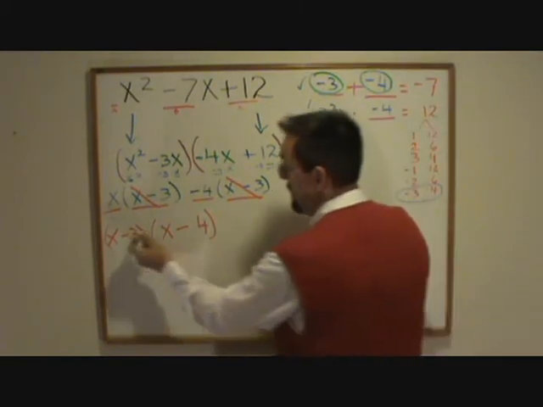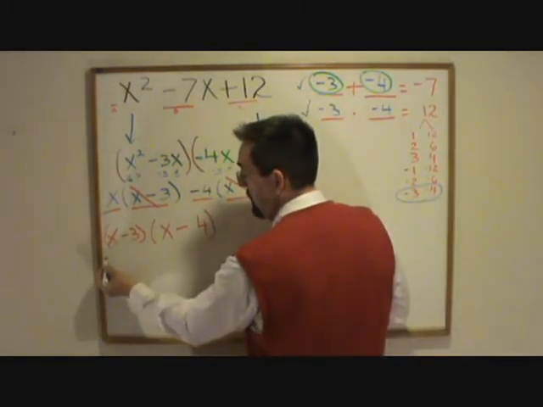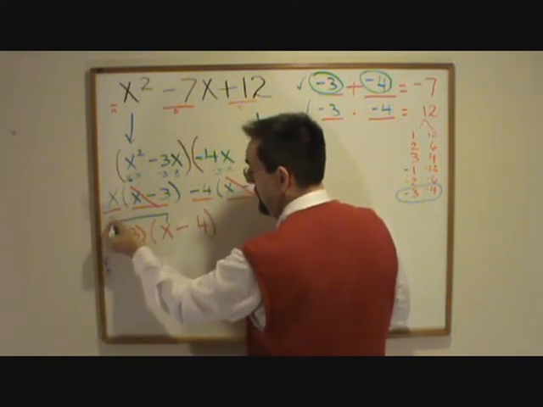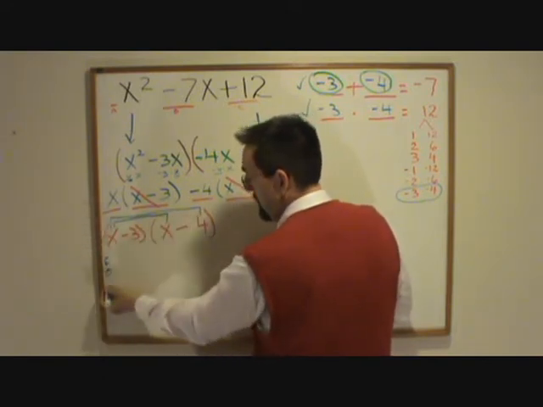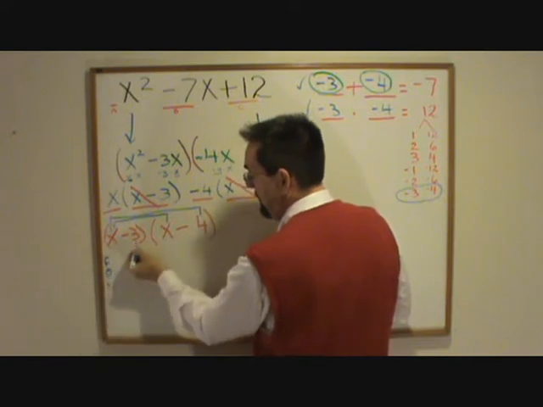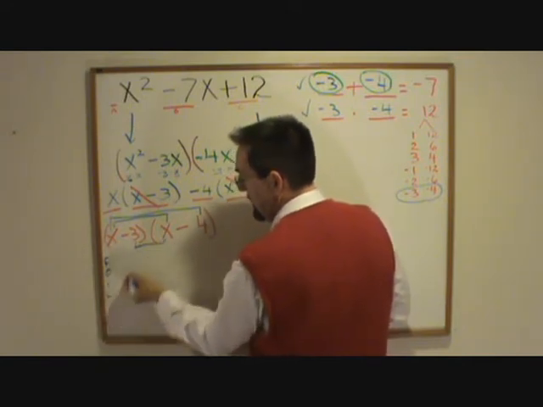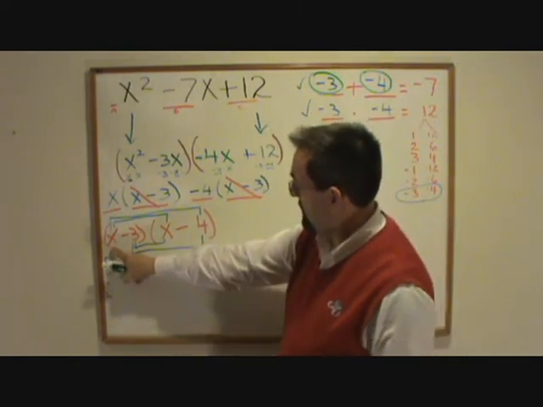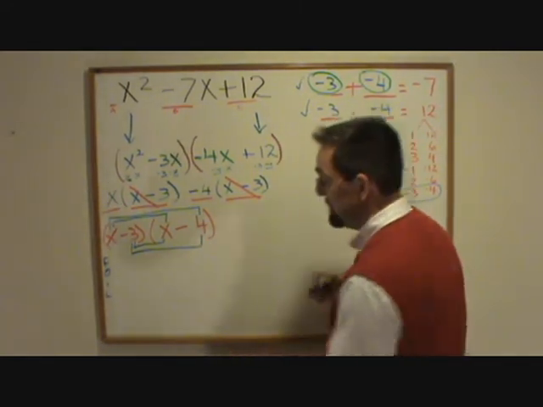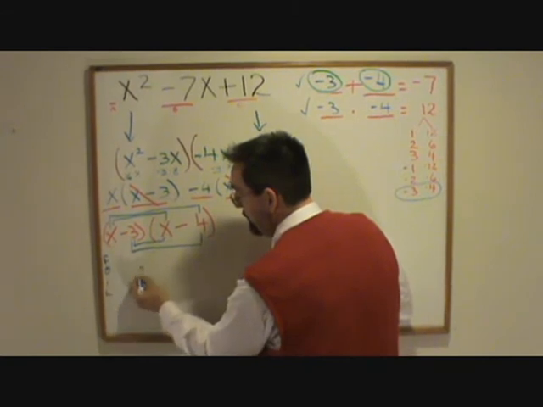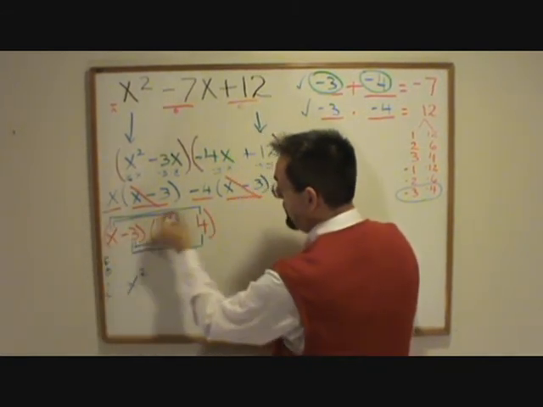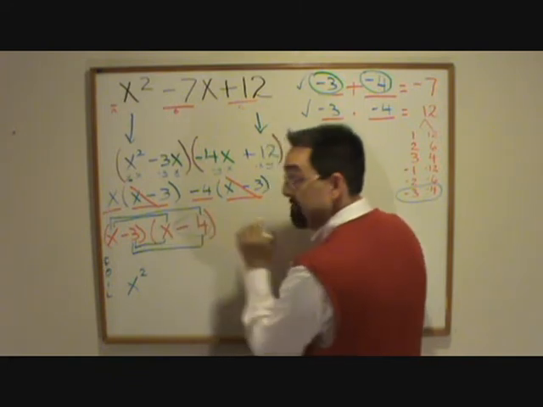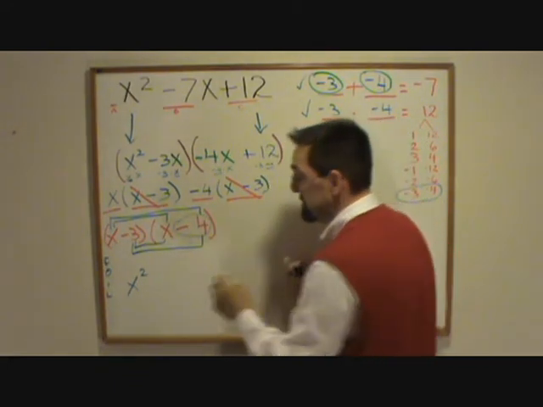Always want to learn to check our answer. Let's try that. We're going to use FOIL. So the first terms, outside, inside, last. So F, that's the first terms. X times x, we get x squared. Outside, x times, now make sure, the outside term is that minus 4. Don't forget your minus.